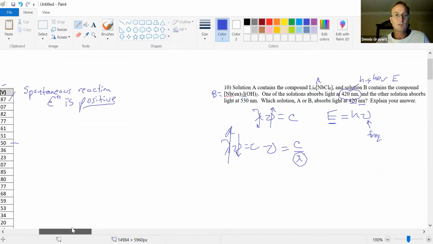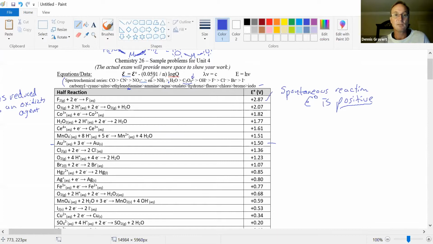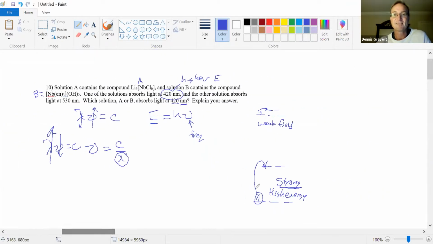Scroll over, and we got the ene, who is right here. It's higher than water. That's a strong field. Chloride, yep, it's after water. It's a weak field. So the ene is the strong field ligand. That's going to give us the high energy. Strong field ligand gives us high energy.